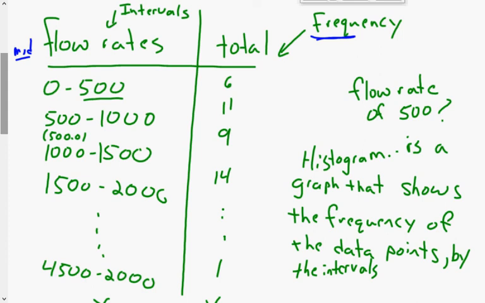What was it? Oh, I thought you said the answer. What did you say it was? Close. For the midpoint between 0 and 500, 250. And then halfway between 500 and 1,000, 750.